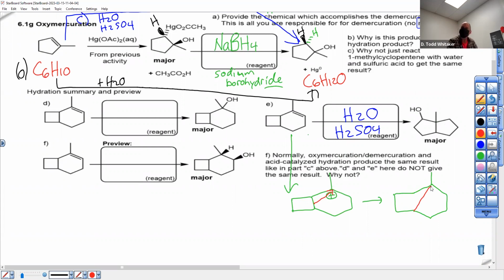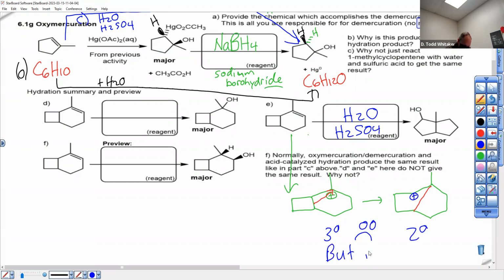Where's your cation? This guy had 4 bonds before. One of the bonds was to there. This guy had 4 bonds before, and it still has 4 bonds. This guy lost. You're saying, I'll never go from tertiary to secondary. That would be awful.